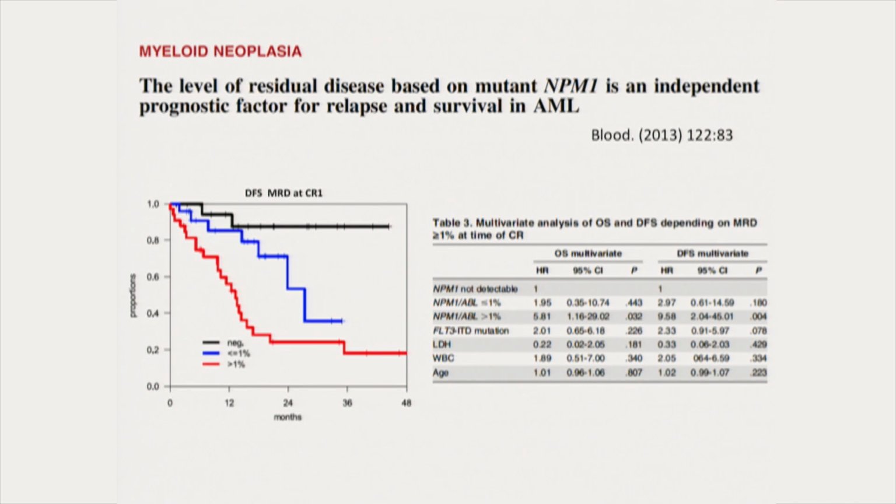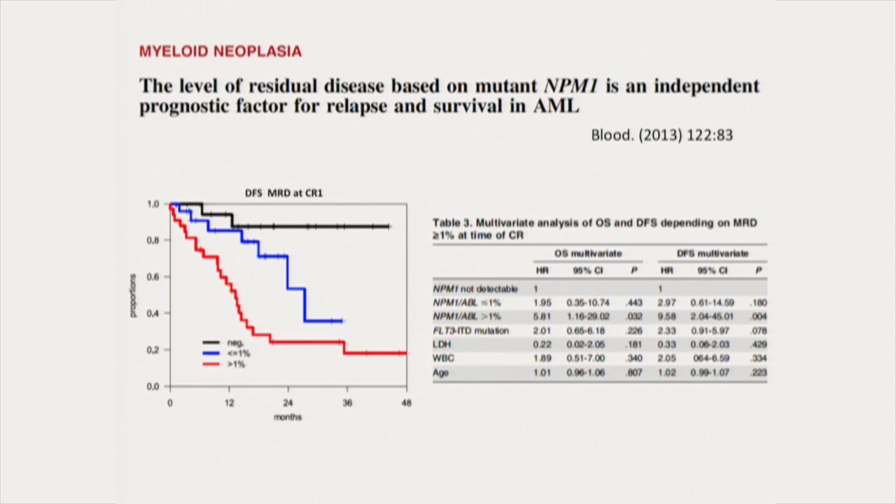So here's a study published in 2013 that demonstrates the level of MRD detected by RT-qPCR is an independent prognostic risk factor for relapse. Compared to the flow, I'd like to point out two improvements. One is, you can see this blue line shows the MRD above 1% based on the ratio of mutated NPM1 versus a housekeeping control.